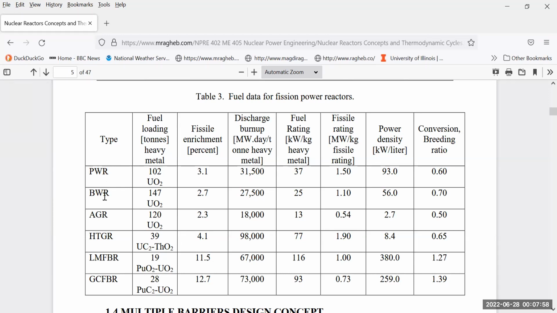In the case of the PWR and the BWR, we use uranium dioxide, and the high temperature gas cooled reactor now uses some designs with uranium dioxide, but to get to higher temperatures, we use, say, uranium carbide. The liquid metal fast breeder uses a mixed oxide of uranium dioxide and plutonium dioxide. When you use the carbide, you can reach obviously higher temperatures.